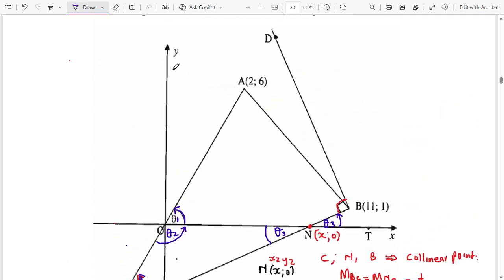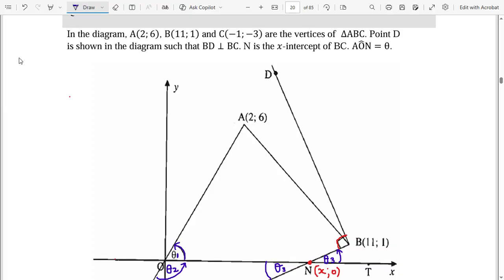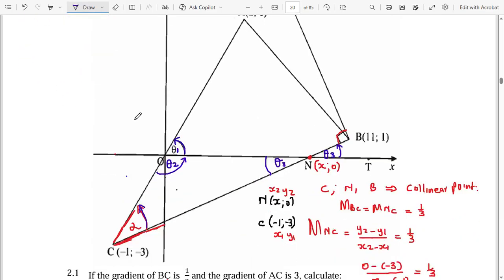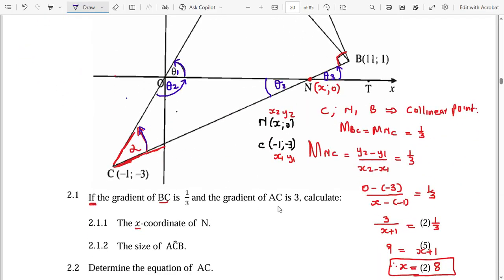To answer question 2.1.2, I need to say the tan of theta 1, which is what I'm looking for, should be equal to the gradient of AC. That's how you find the angle of inclination. And the gradient of AC in the if statement was given as 3.